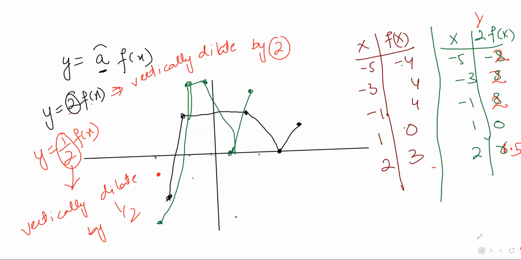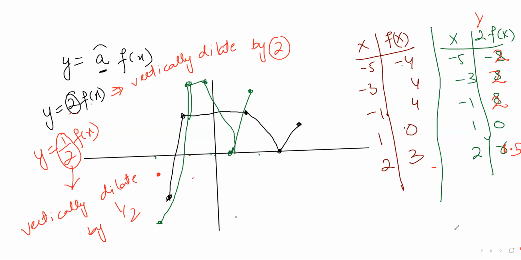The next thing we're going to learn is y is equal to f of b dot x. Now the factor is in the last example. If the equation is y is equal to a f of x, then the new graph will be vertically dilated.